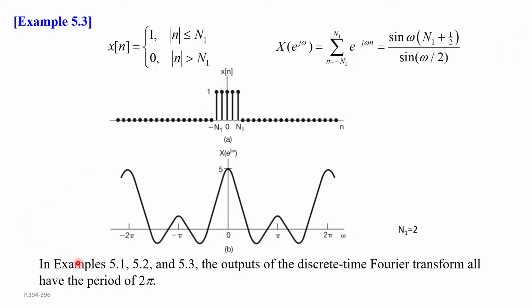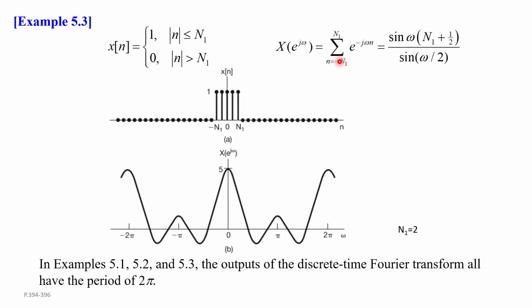I think we skipped most of the derivation here, but it's something similar to what we did in the periodic Fourier series. We already did this in chapter 3 when we had a periodic discrete-time signal.